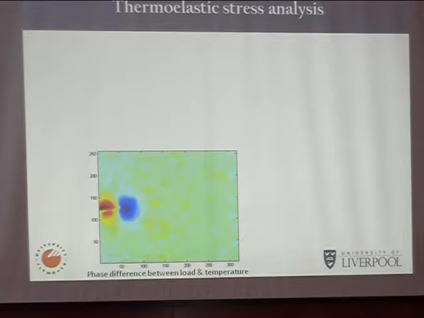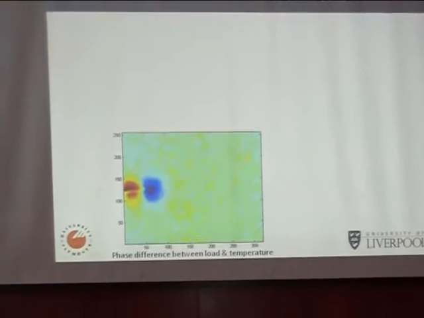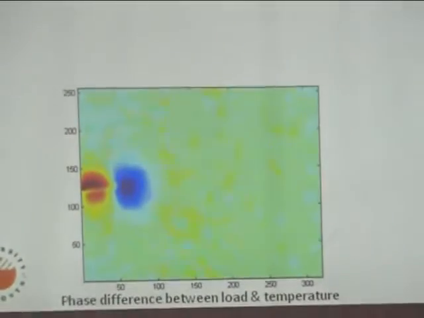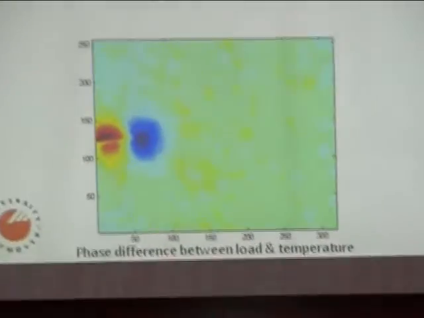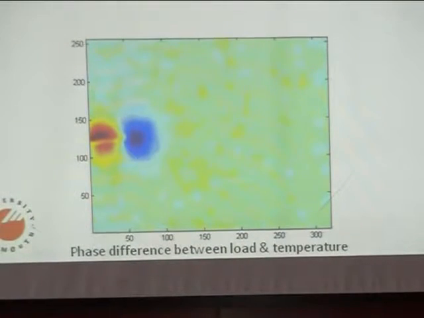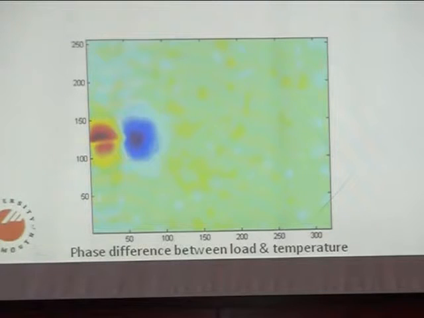So I said you lock your camera signal into the load signal. Okay? And in traditional thermoelastic stress analysis, what you're looking for is adiabatic conditions, so there is no heat transfer that would smear your map of temperatures. Okay? So what we've done here is we've looked at a map of the phase difference between the temperature signal and the load signal. So in the elastic field, we're cycling here at 30 Hertz, I think it was.